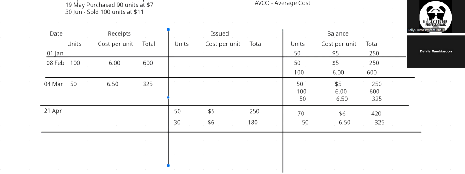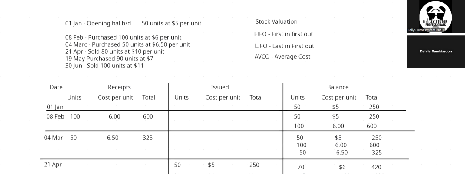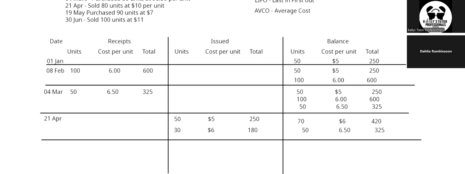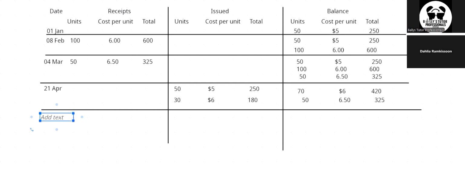On the 19th of May, I purchased 90 units at $7. 90 units at $7, which will be how much? 630. Yeah.